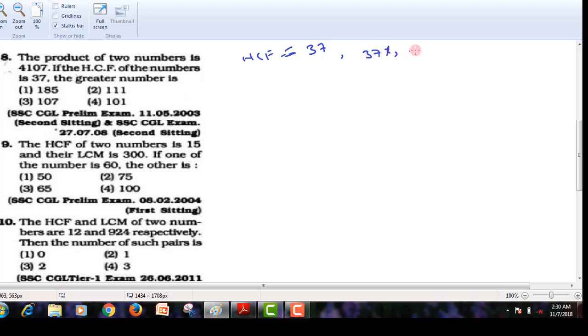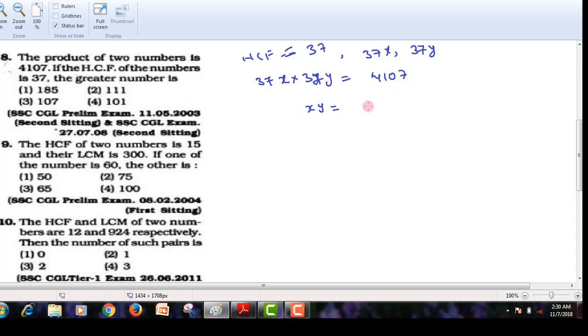multiples of that 37. So I am supposing the required numbers as 37x and 37y. Then as per the formula, the product of these two numbers is equal to 4107. So 37x into 37y is equal to 4107.